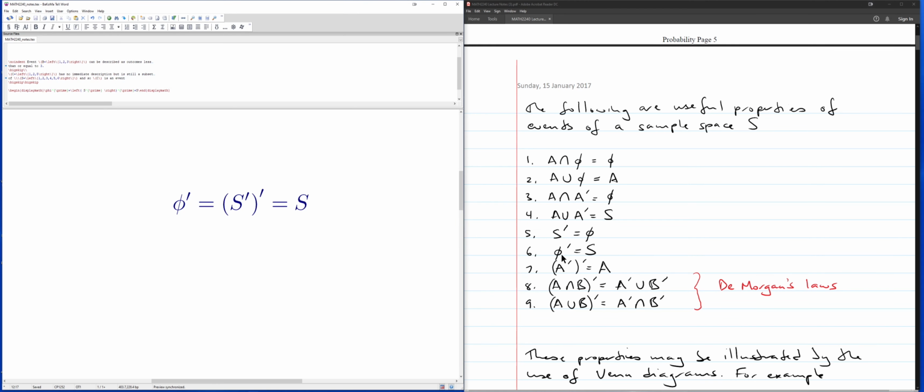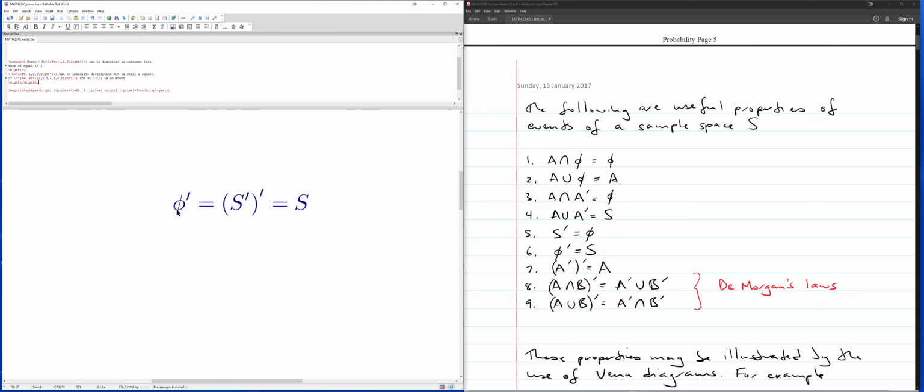And if we want to show that phi complement is equal to S, that the complement of the empty set is equal to S, then in order to show 6, I can use 5 and 7. What I want is phi complement. Now phi is actually equal to S complement, which we just justified already.